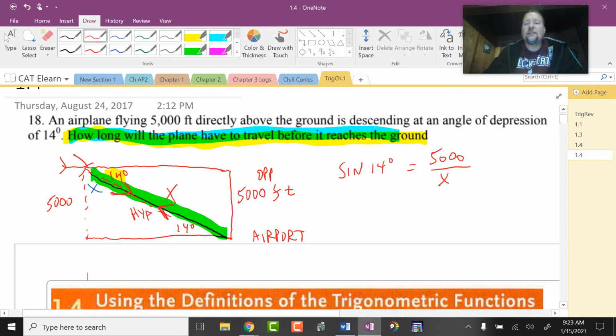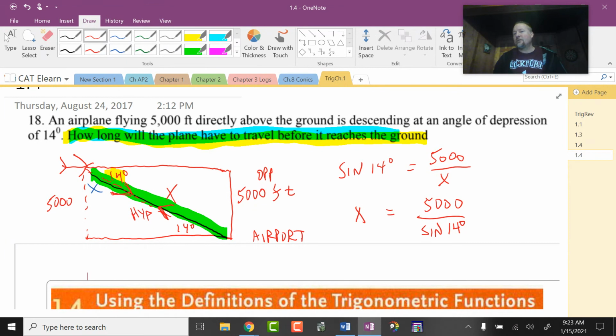Now I'm just going to verbalize what you would do on this. You'd multiply both sides by x, then you divide by sine 14. Ultimately, these two switch positions. Whenever you have a variable in the denominator, this is a quick solver. Switch them, then you're good to go to type that in your calculator. We're all in degrees, so make sure when we get back and it's the written calculator part, make sure your calculator's in degrees.